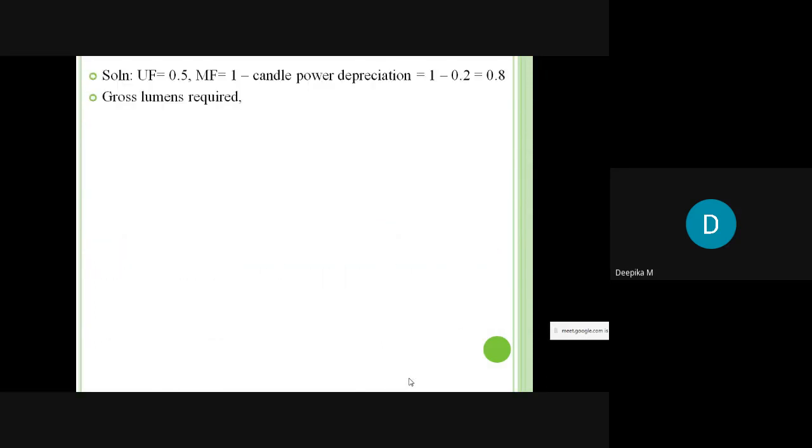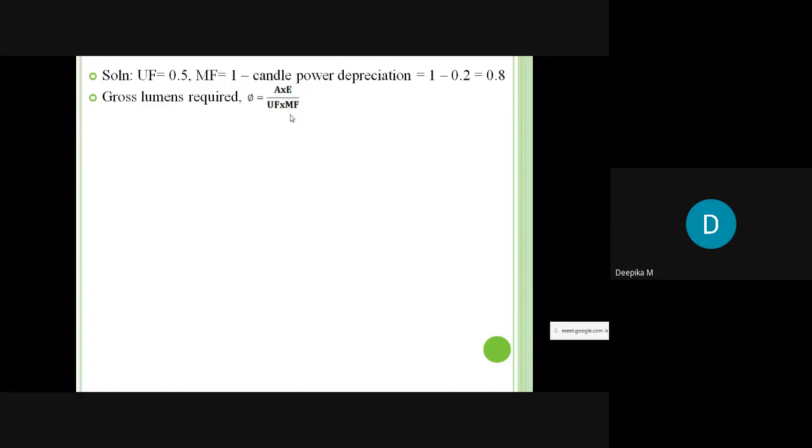So therefore, gross lumens can be calculated this way, which is total lumens divided by utilization factor into maintenance factor. As I told you, if you want to calculate total lumens on a working plane, you have to divide the value by UF into MF. And if you want to calculate for a particular area, then you have to multiply by UF into MF.